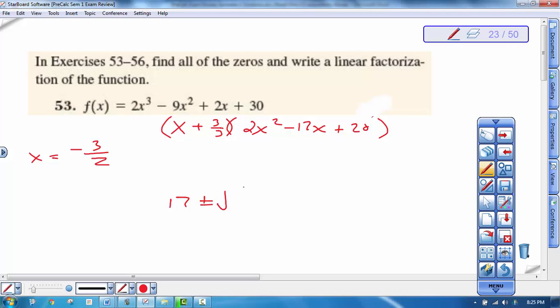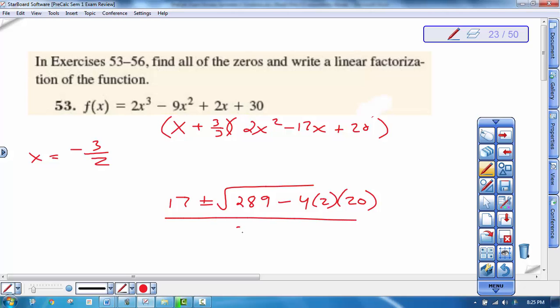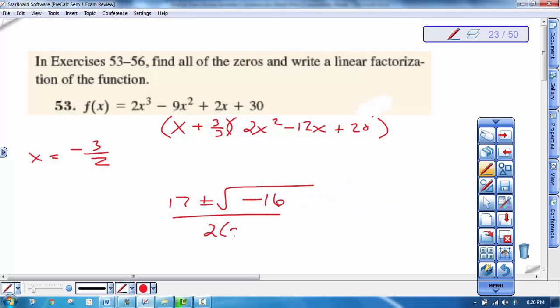Opposite of b plus or minus the square root of b squared minus 4ac all over 2a. And I can't read my own handwriting, that's a 12 right there. So this would be 144. So this whole thing would simplify to negative 16 all over 2a.